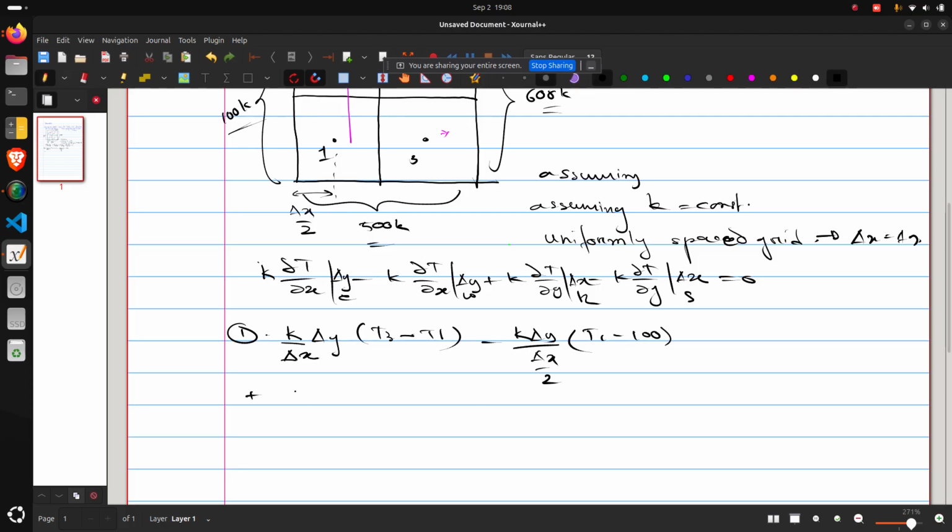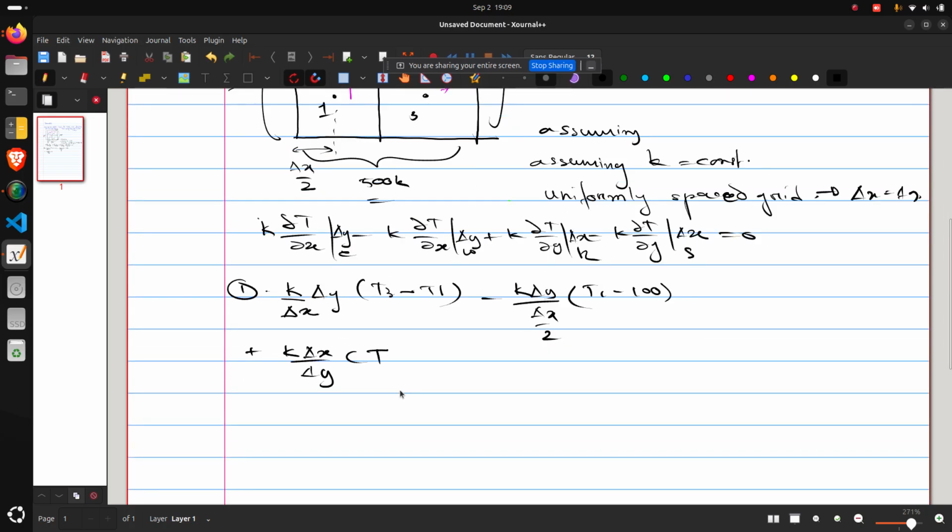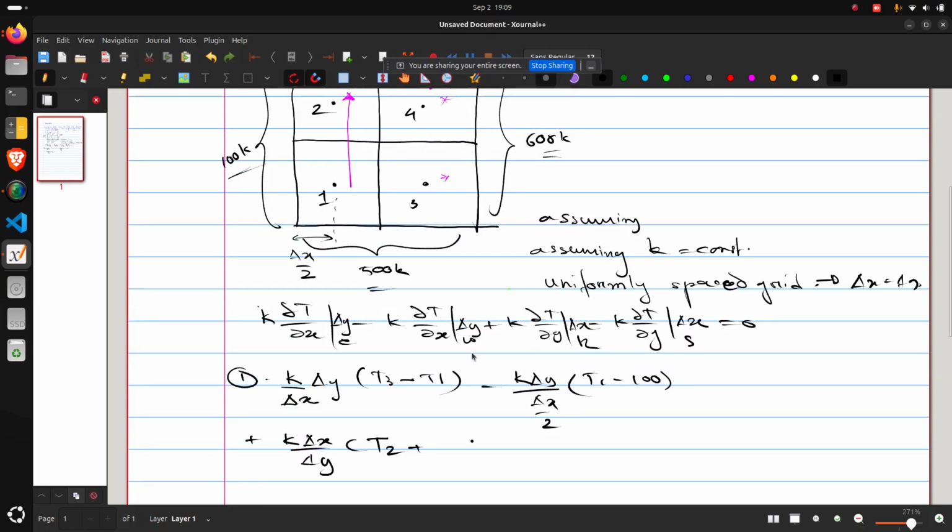Now for the north face, k delta x by delta y, then T north will be T2, then again minus k delta x delta y by 2, okay.